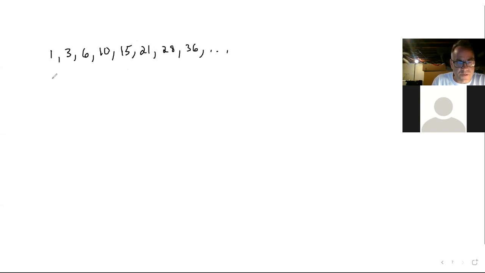The square numbers was adding up consecutive odd numbers. 1 plus 3 got me to my next term, which was 4. Then 1 plus 3 plus 5. Then 1 plus 3 plus 5 plus 7. 1 plus 3 plus 5 plus 7 plus 9.